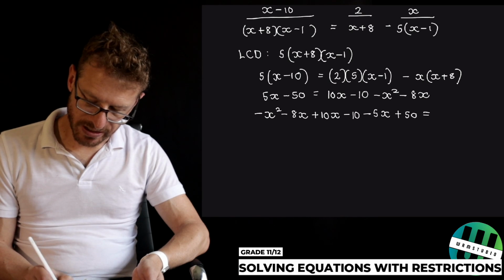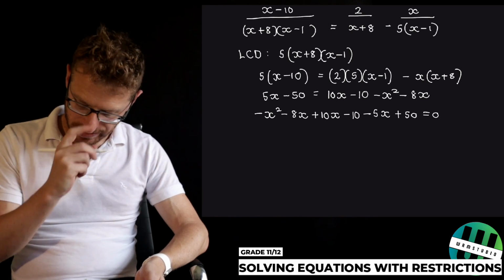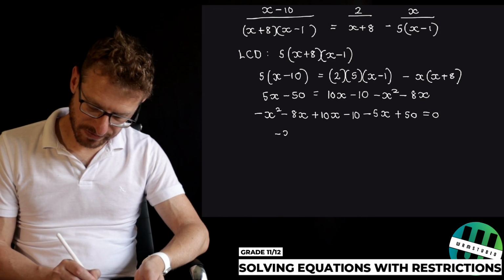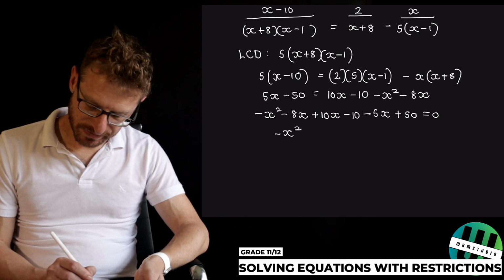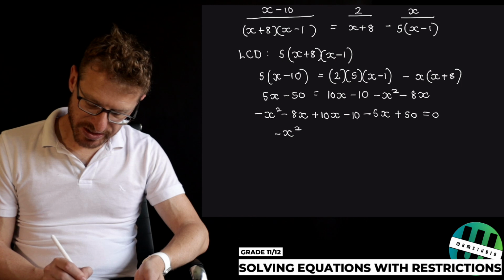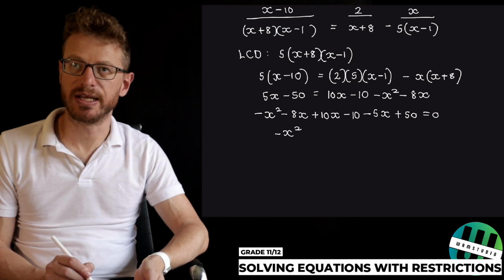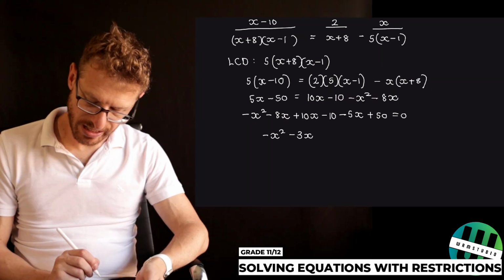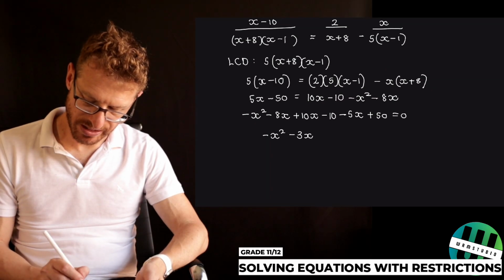Plus 50 equals 0. Adding up like terms: minus 8x plus 10x is 2x, minus 5x is negative 3x. And negative 10 plus 50 is 40.